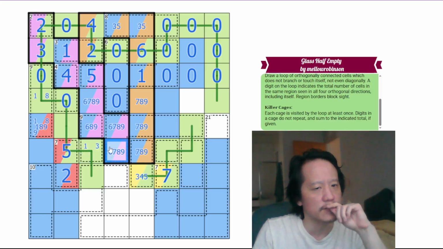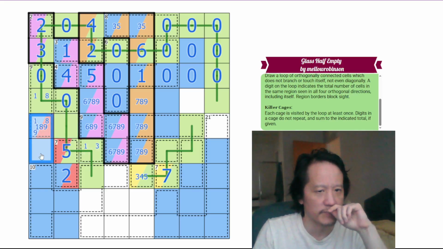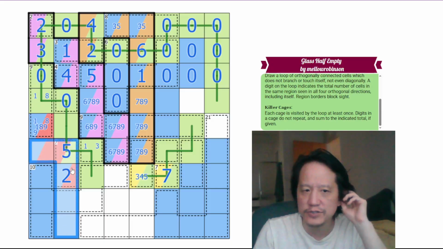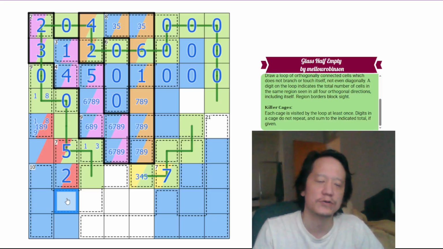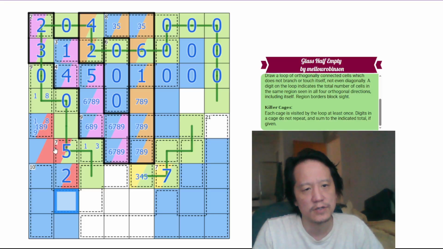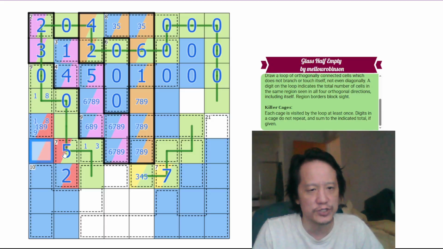What about these? So if this is not on the loop, it must connect this way. It could be 5 going that way. Okay, so this is guaranteed to be on the loop, or not on the loop, in the region, right? Because either this is in the region, or this is in the region, right?